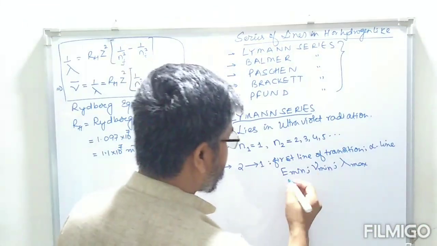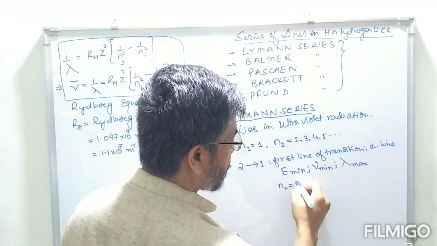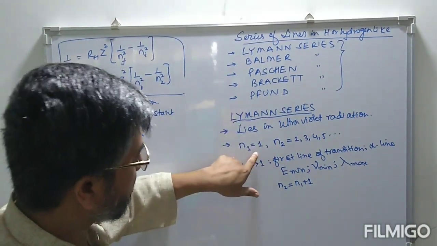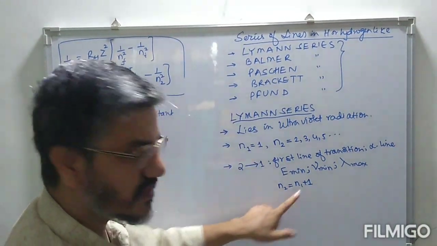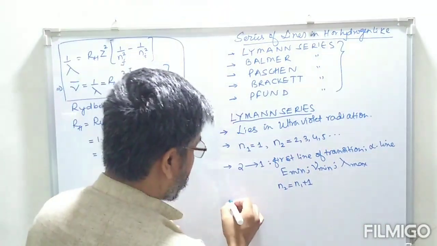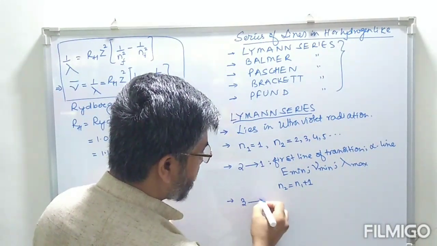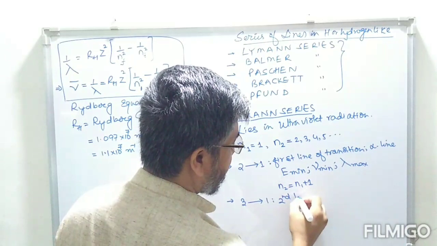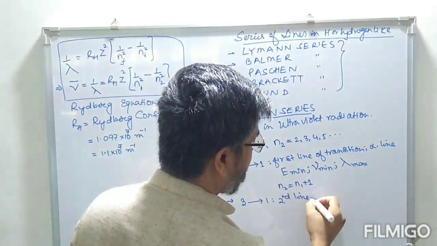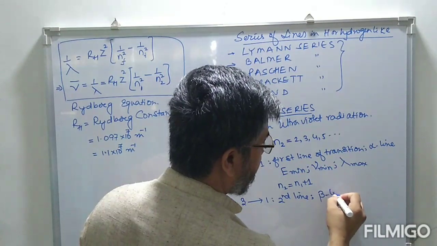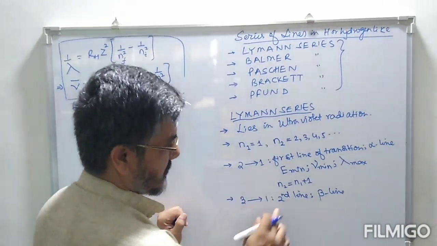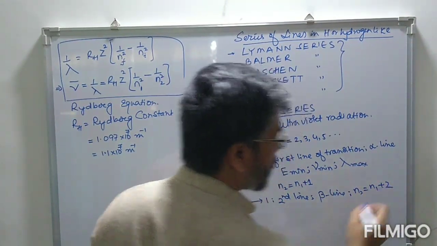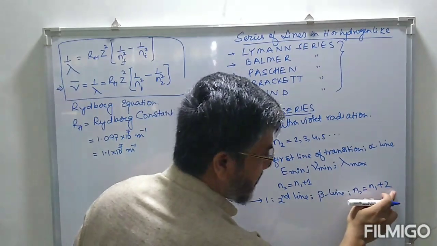Now for this first line of transition, the value of N2 is always equal to N1 plus 1. N1 is 1, plus 1 is 2. So N2 is 2 to 1. If electron is coming from 3 to 1, then this is known as the second line, also known as beta line. For the second line, the value of N2 is N1 plus 2.